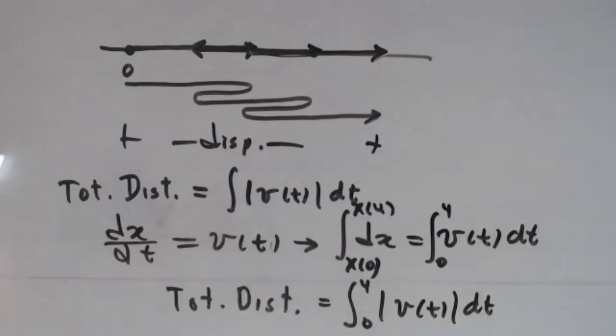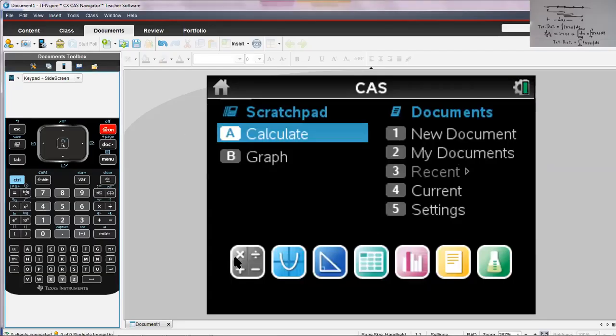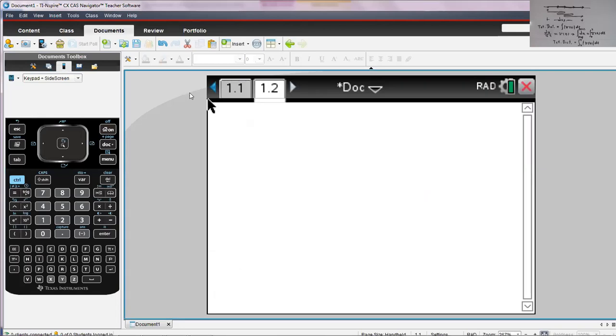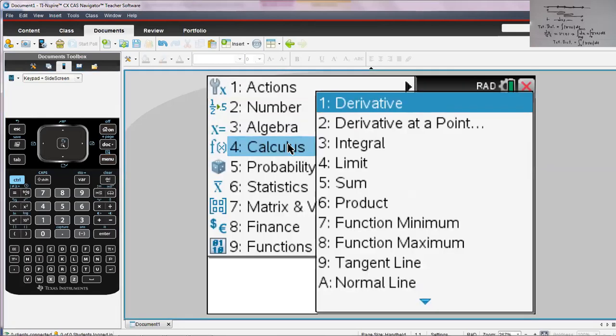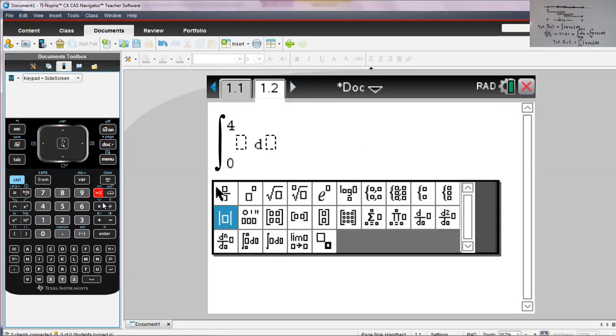Again, because this is a calculator allowed problem, the only thing we have to do is take the calculator, click on a calculator page, and then take calculus, integral. Then we type exactly the integral we had in our paper from 0 through 4, correct? Then absolute value, you press this menu next to the little book.